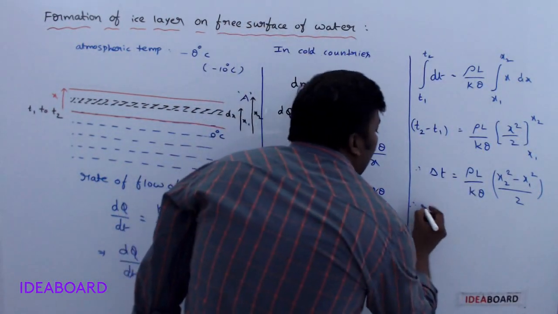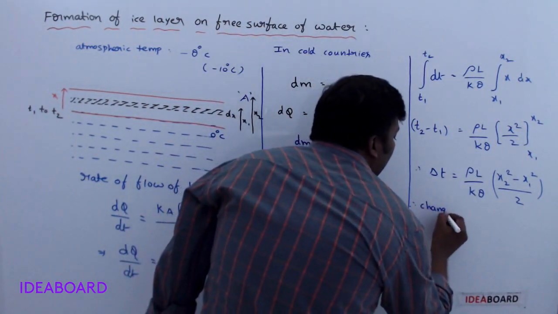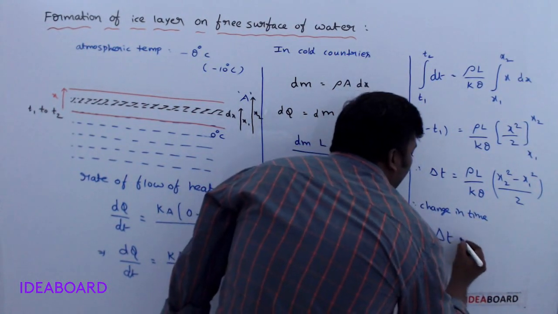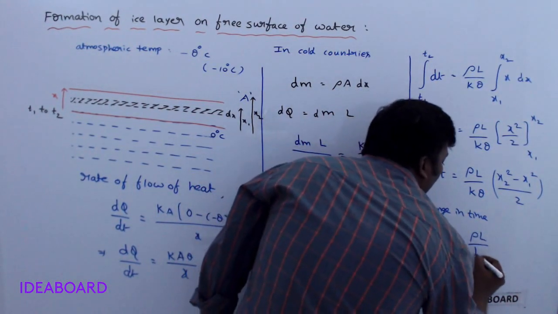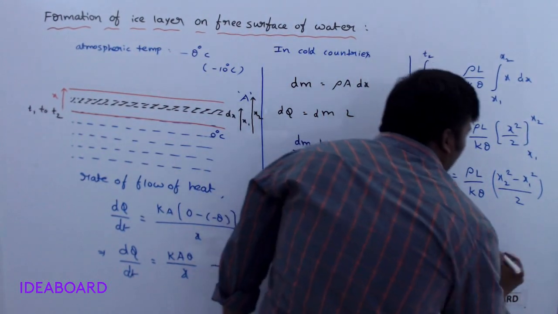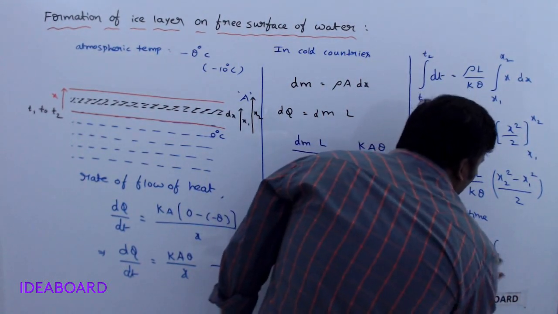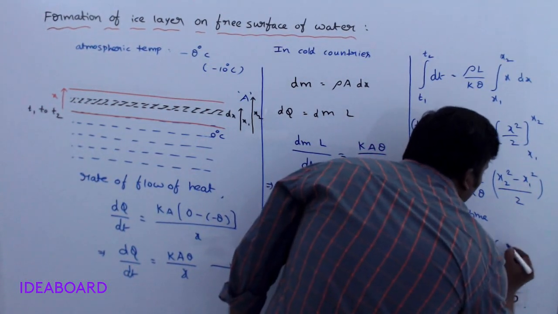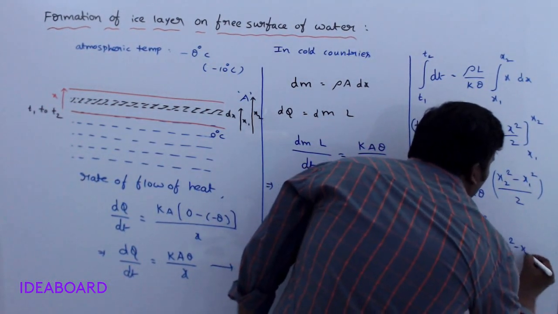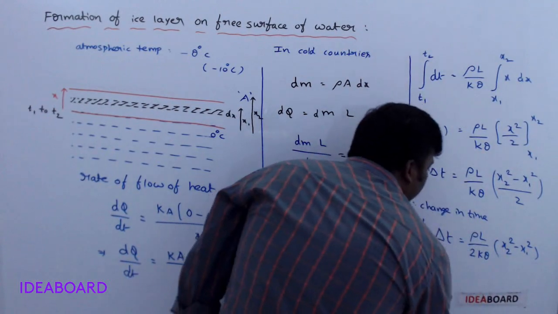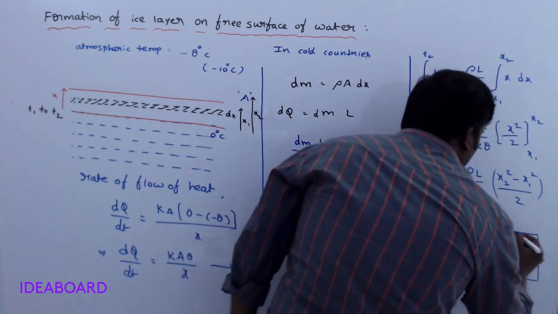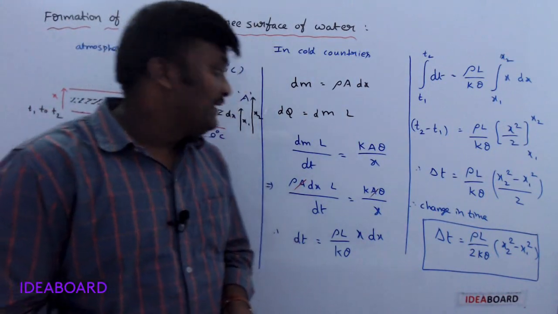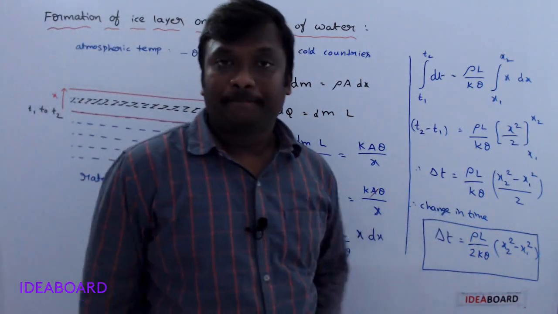Okay, so the change in time delta t is equal to ρ L by 2Kθ into x2 square minus x1 square. Do you understand? So this is the formula for change in time.